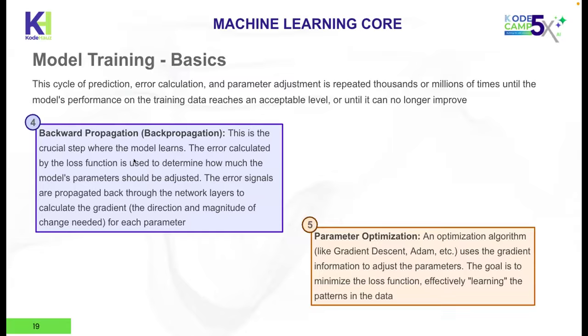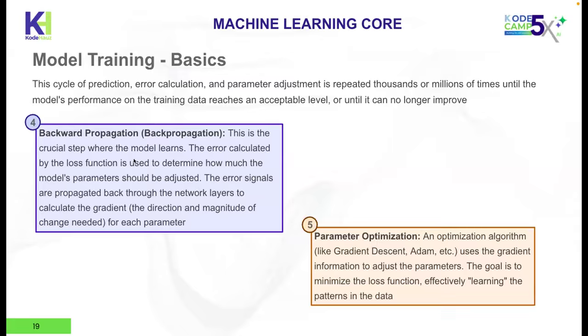Once you have calculated that, then we will use what we call an optimization algorithm, which is an optimizer. So when you hear optimizer, that's step 5. The parameter optimization is when you now decide how much should I increase or reduce. There are different algorithms for it.